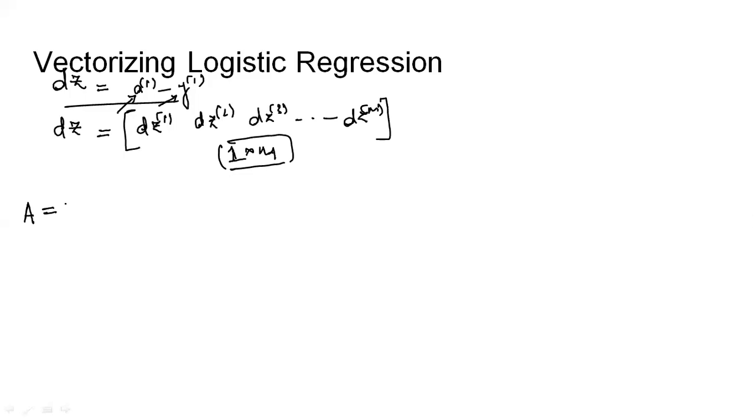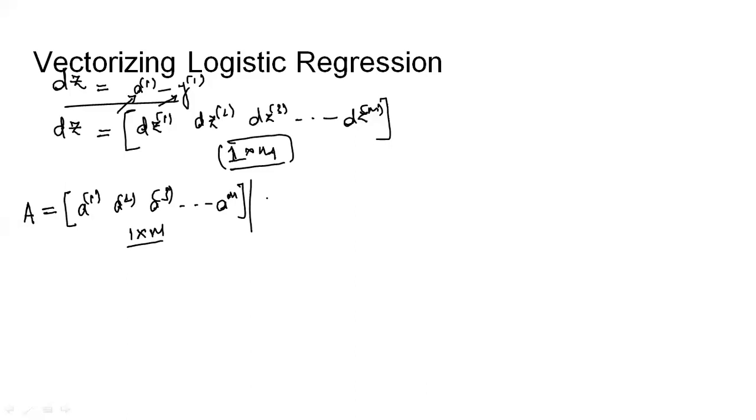The capital A comprises of a row vector which contains a1, a2, a3, and that goes up to am. The dimension of this vector would be 1 cross m.